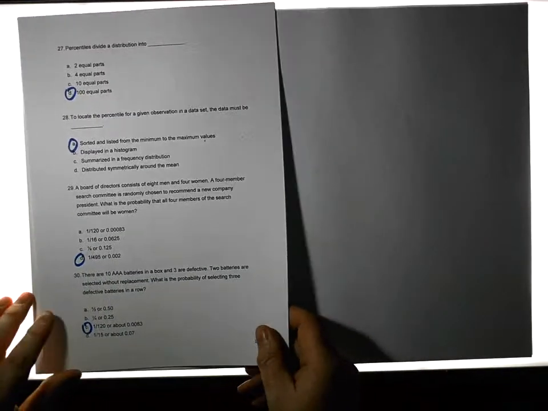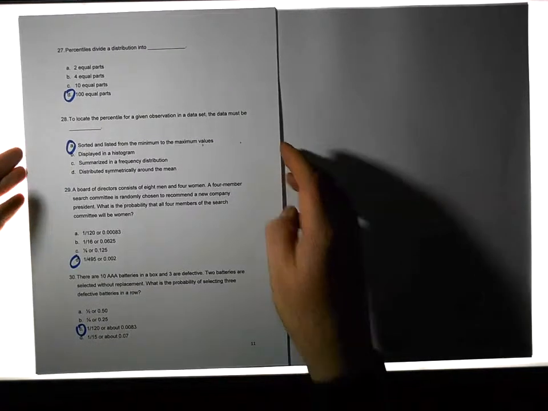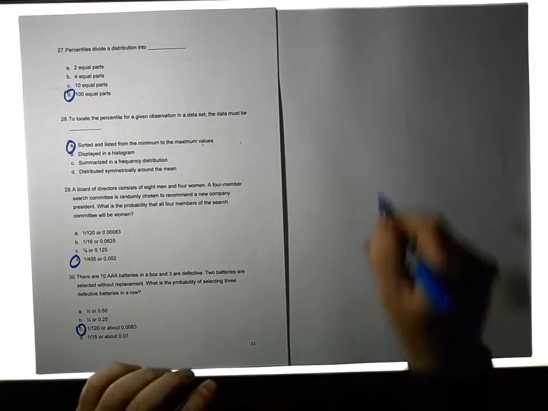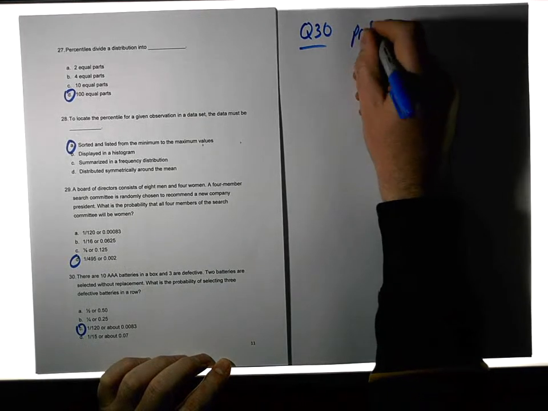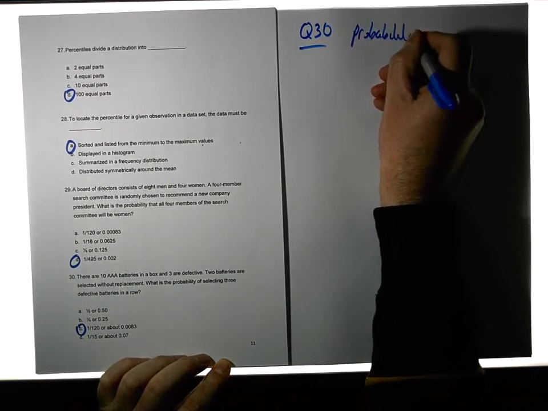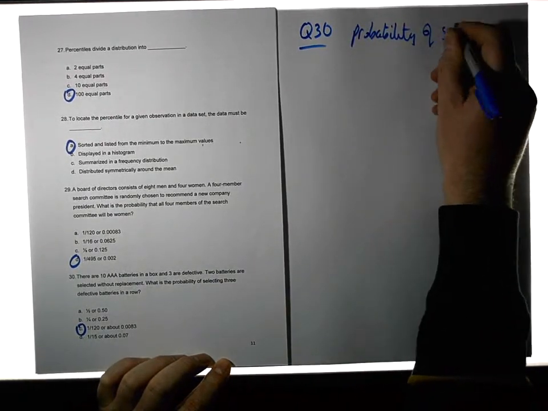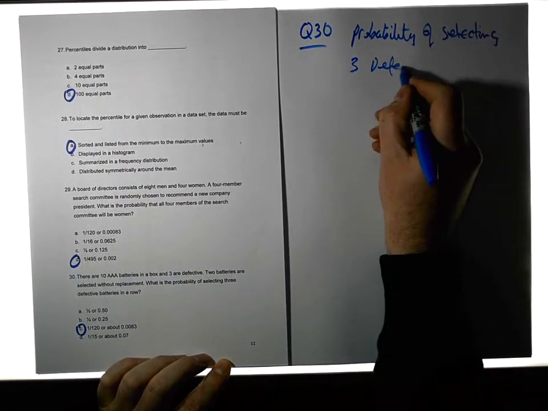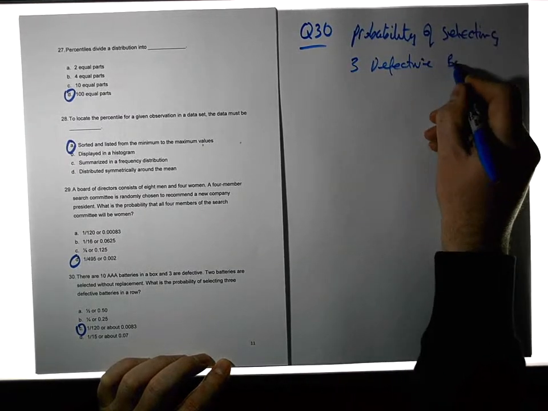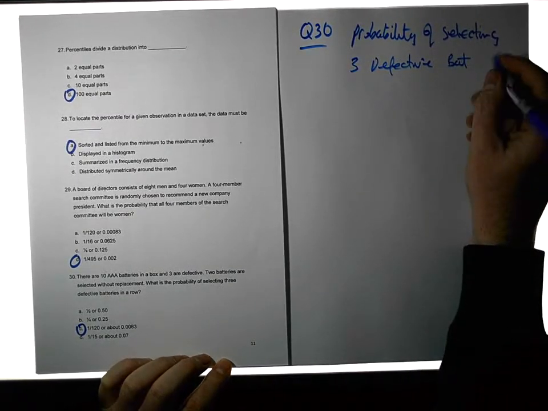So what's the probability of selecting 3 defective batteries? So it's question 30, not 13. Sorry, Nicole. Question 30, the probability of selecting 3 defective batteries.